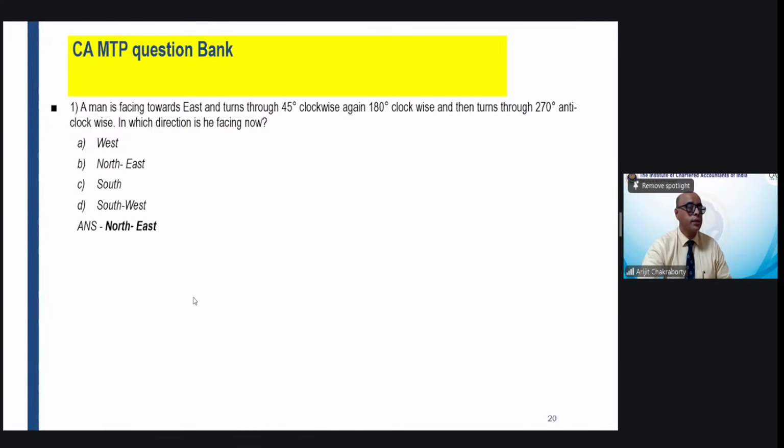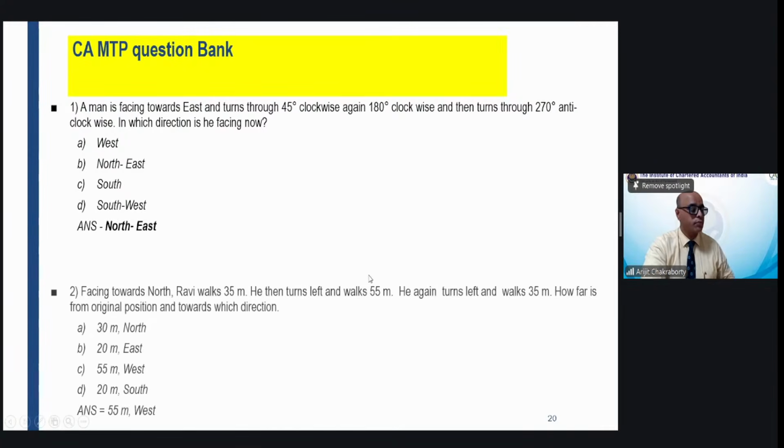Now let us see the next question. Question number 2. Facing towards the north, Ravi walks 35 meters. This is MTP number 2.